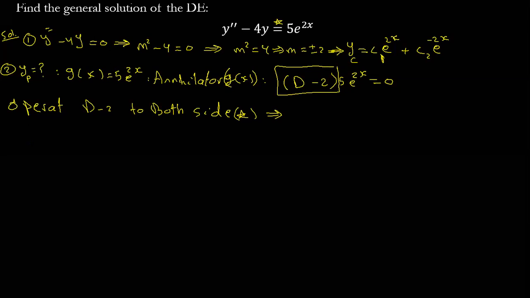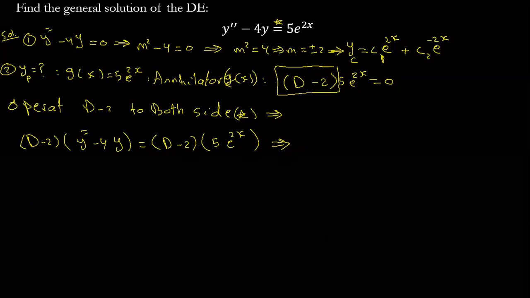I have d minus 2 bracket y double prime minus 4y, all equal d minus 2 bracket 5e to the 2x. I'm asking you now about the right hand side. So your right hand side is what now? Your right hand side? 0. You are right.